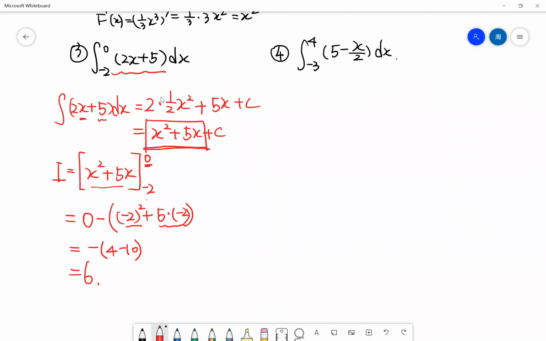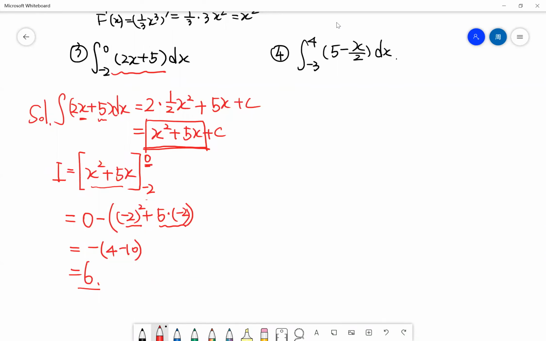So the solution for number 3 should be 6. The result should be 6. Any questions here? Guys, do you have any questions? No? No questions, right?